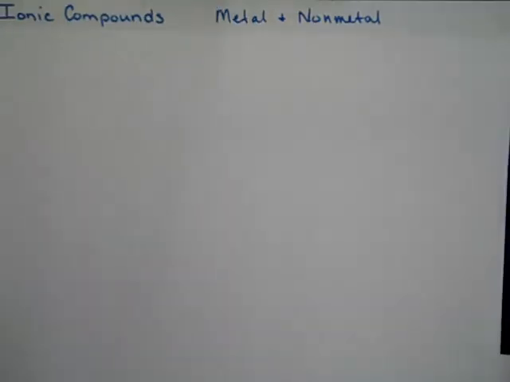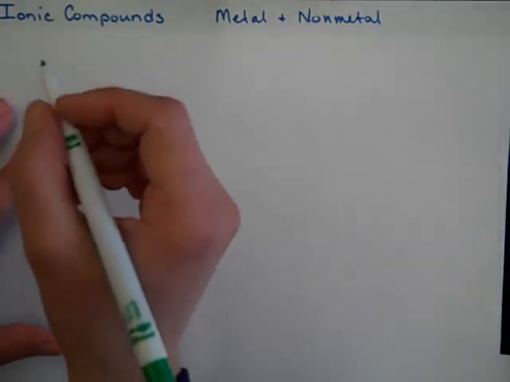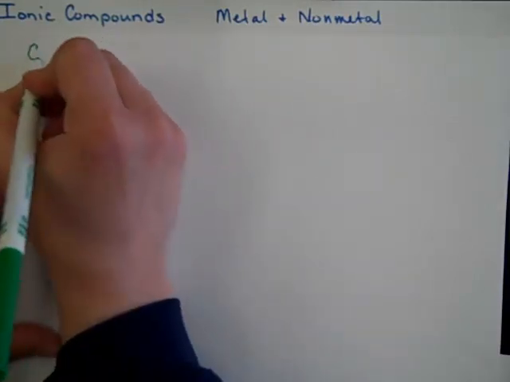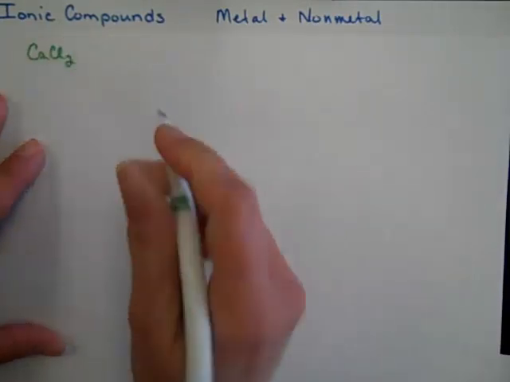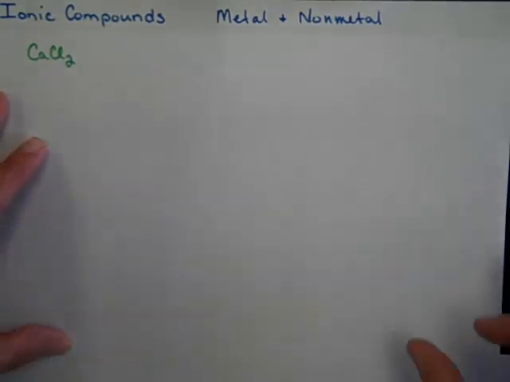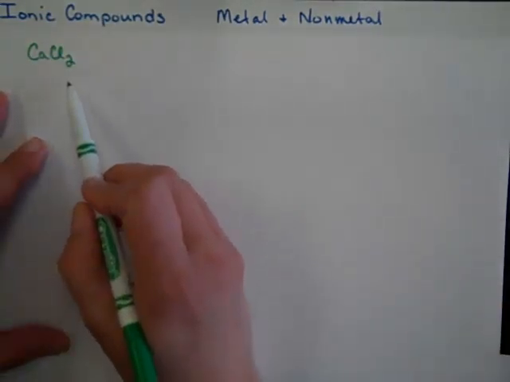All right, now what if we have the formula, but we want to name it? So when we name these ionic compounds, let's just say we have calcium with chlorine. So if we look at this formula, we have calcium and we have chlorine.